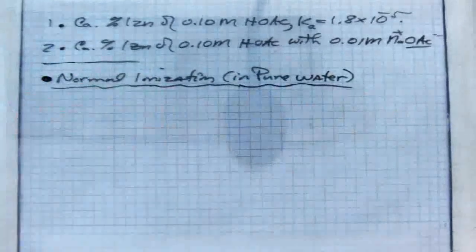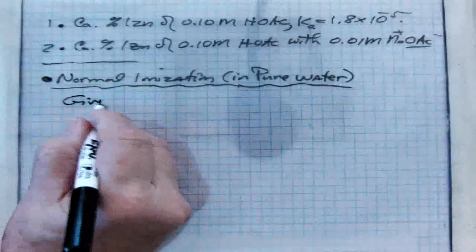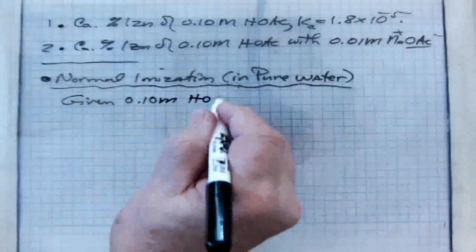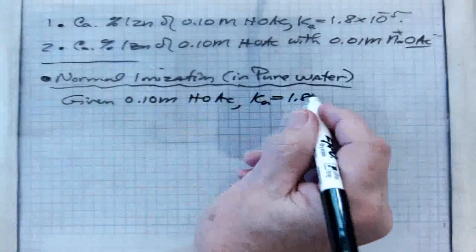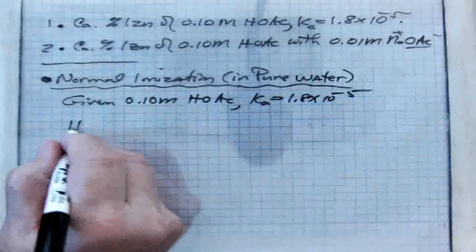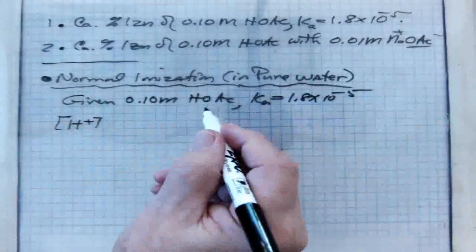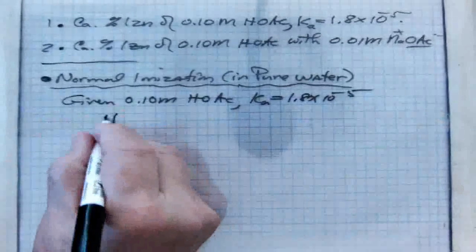So how much hydrogen will come out as compared to the amount you started with over here with HOAc? We're starting with 0.1, so how much hydrogen will be generated? Well, the ratio times 100% will give you the percent ionization of the acetic acid under those conditions. Okay, so we want to calculate the hydronium ion. Since it's a weak acid, we use the square root formula.